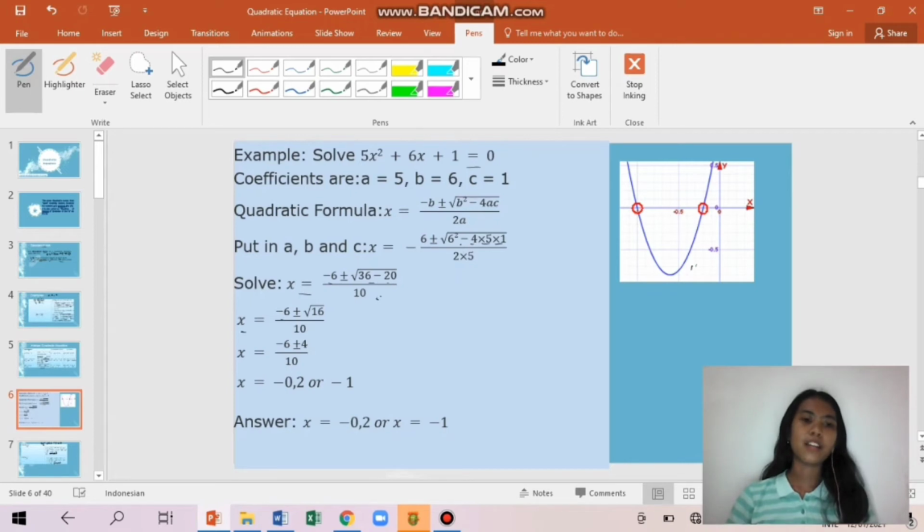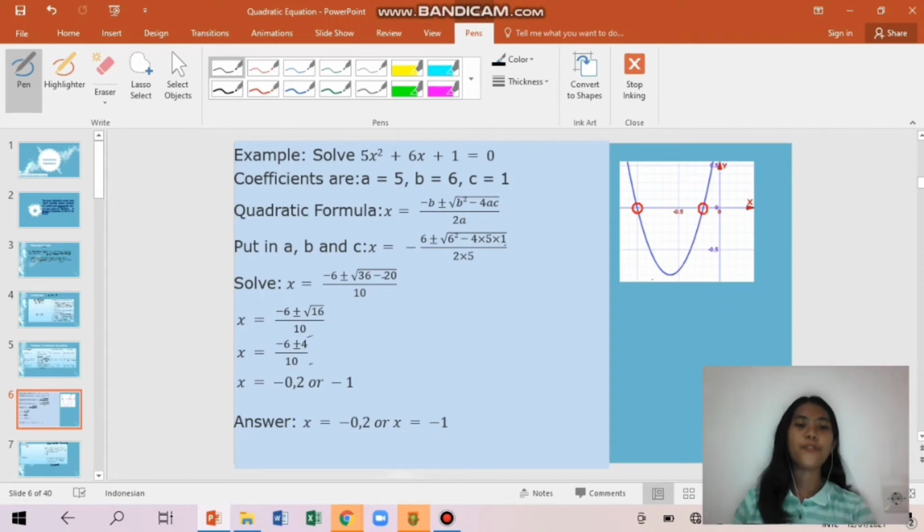So x equals negative 6 plus minus the root of 16, divided by 10. So it becomes x equals negative 6 plus minus 4, divided by 10. So x equals negative 0.2 or negative 1. And the answer is x equals negative 0.2 or x equals negative 1.